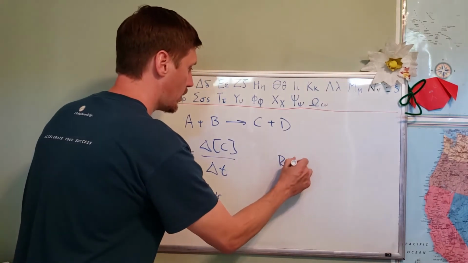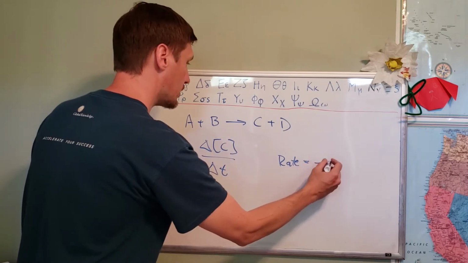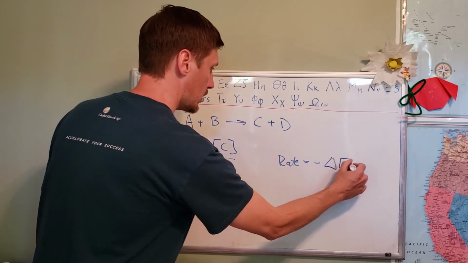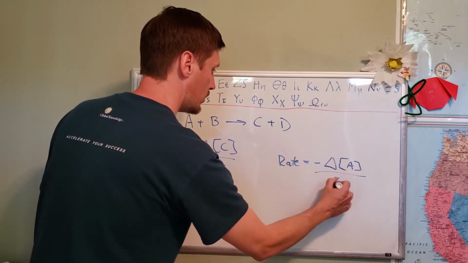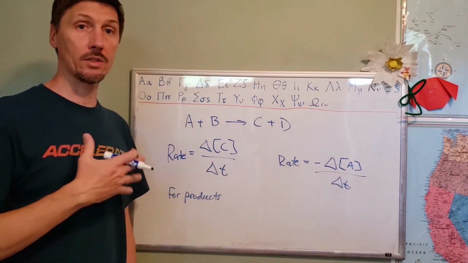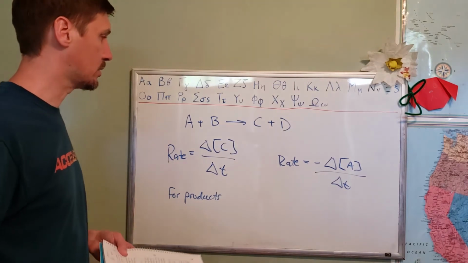And if you do the rate equation for a reactant, it's very similar. Let's pick A. It's going to be negative change in the concentration of A over change in T. And the reason why is because for a reaction, obviously the concentration of the reactants is going to go down over time because the reactants are being used up.